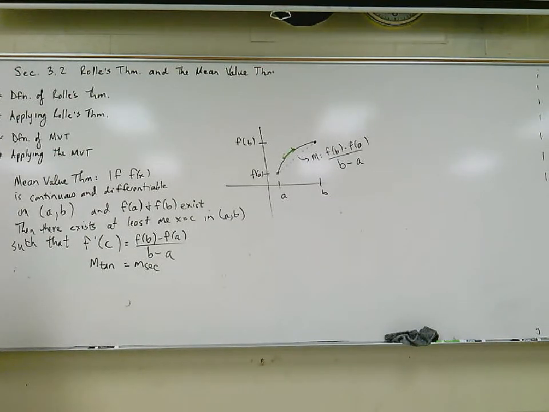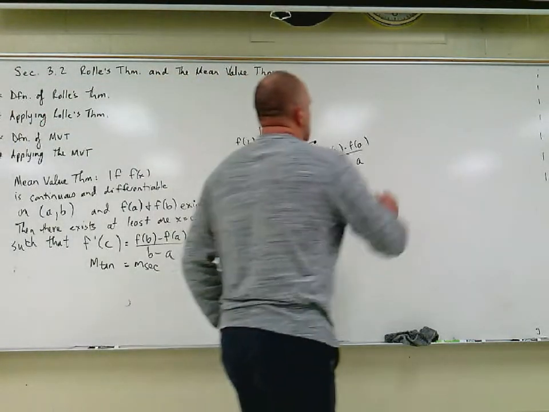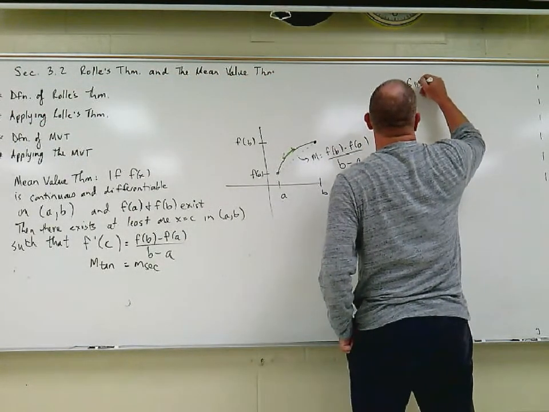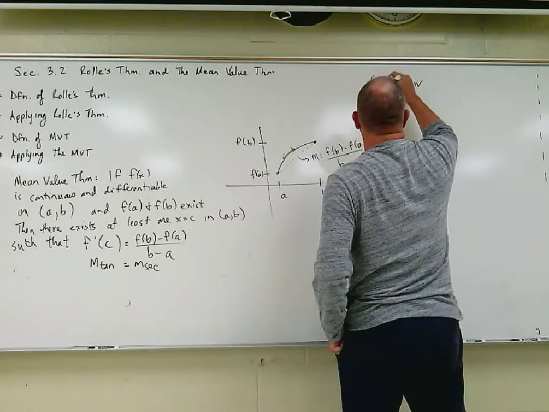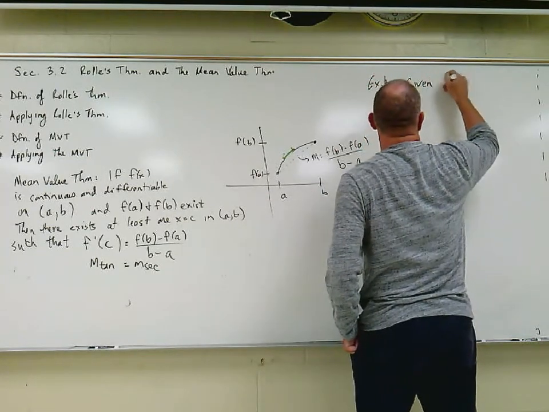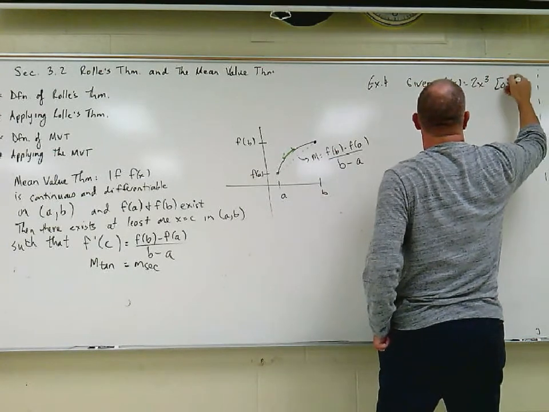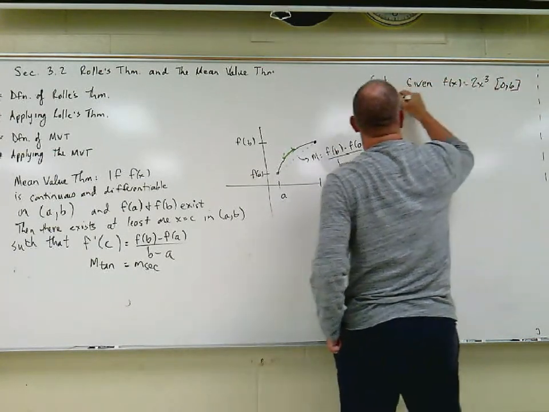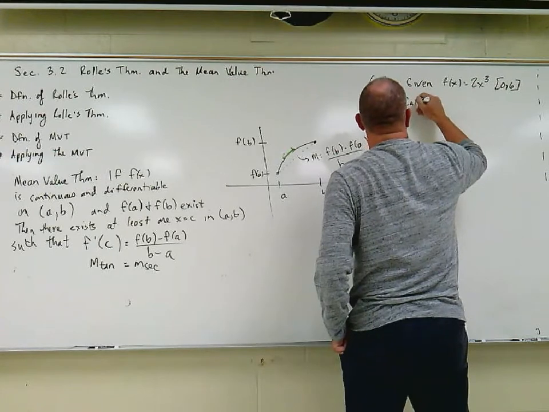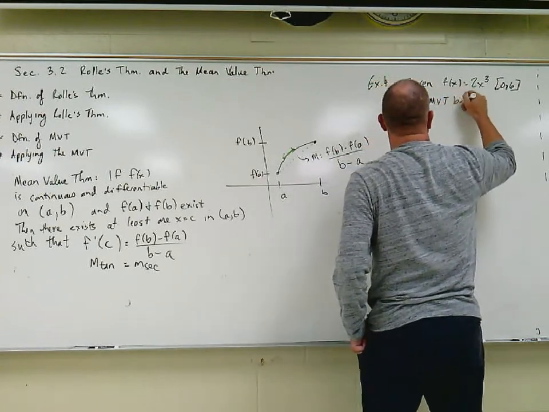Let's apply the mean value theorem. Okay. So given, I think this is example 4, f of x is 2x cubed on the interval from 0 to 6. Part A, can the MVT be applied?